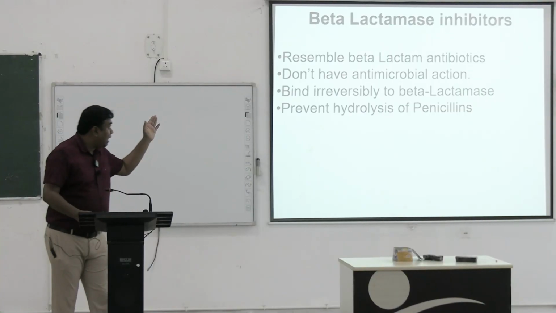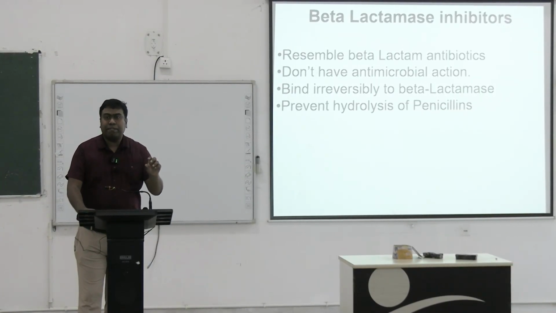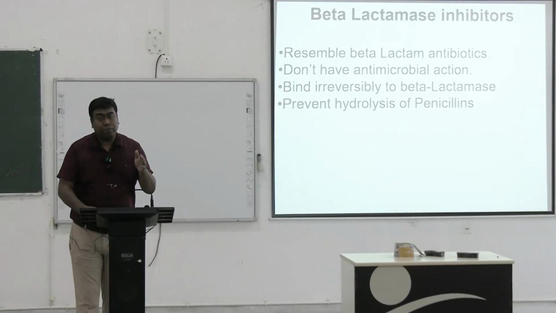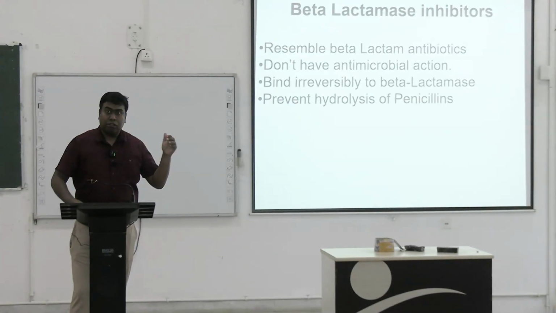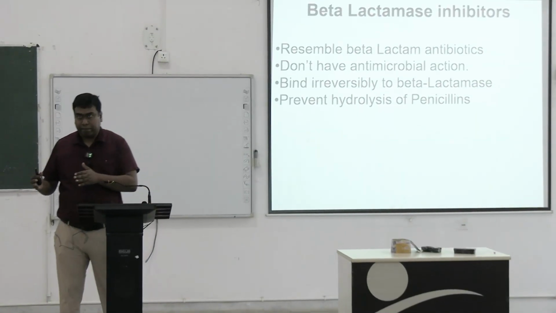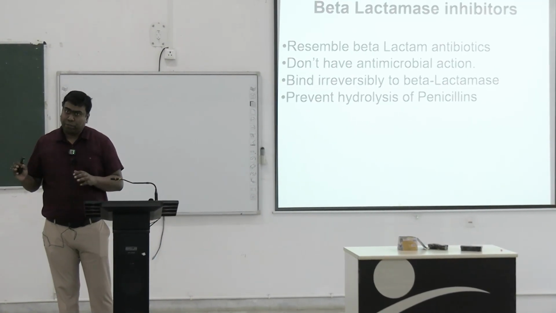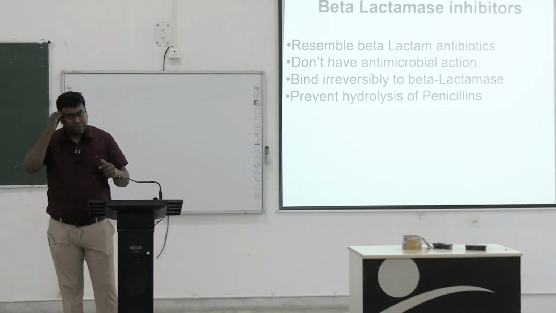So these beta-lactamase inhibitors also have the beta-lactam ring. These rings are preferred, and there is breakdown of the beta-lactam ring of beta-lactamase inhibitors. So what happened? The beta-lactam rings of beta-lactam antibiotics are preserved for their antimicrobial activity. Clear? Na abar bolbo ekbar.